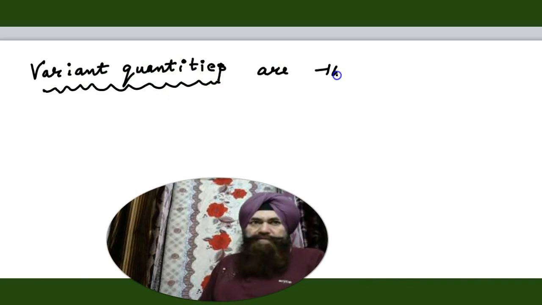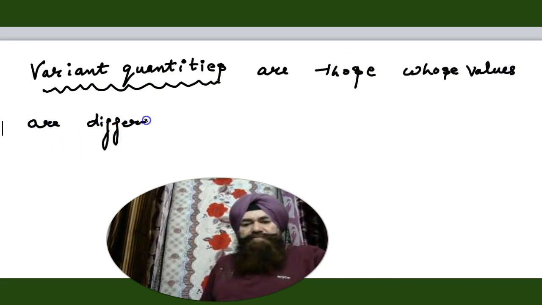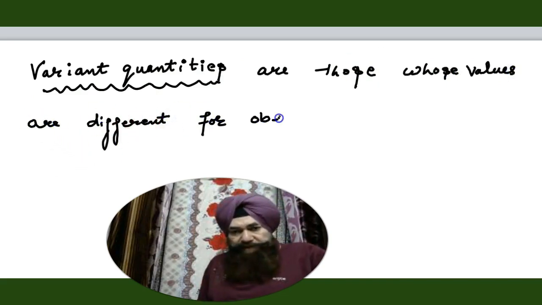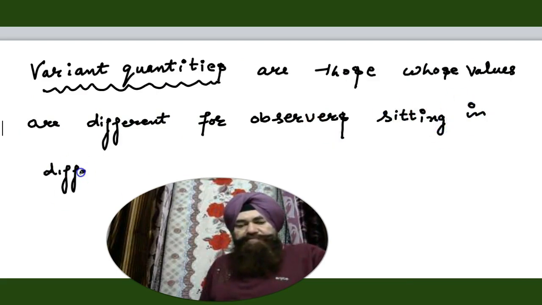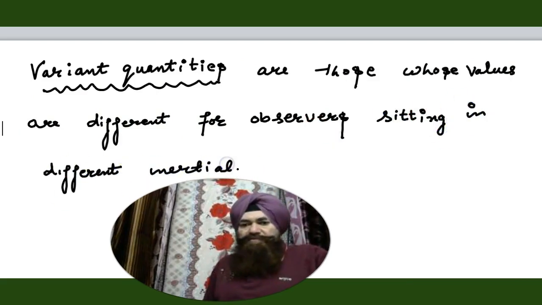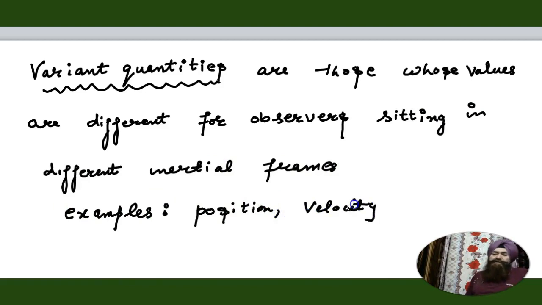Now, what do we mean by variant quantities? Variant quantities are those quantities whose values are different for observers sitting in different inertial frames.